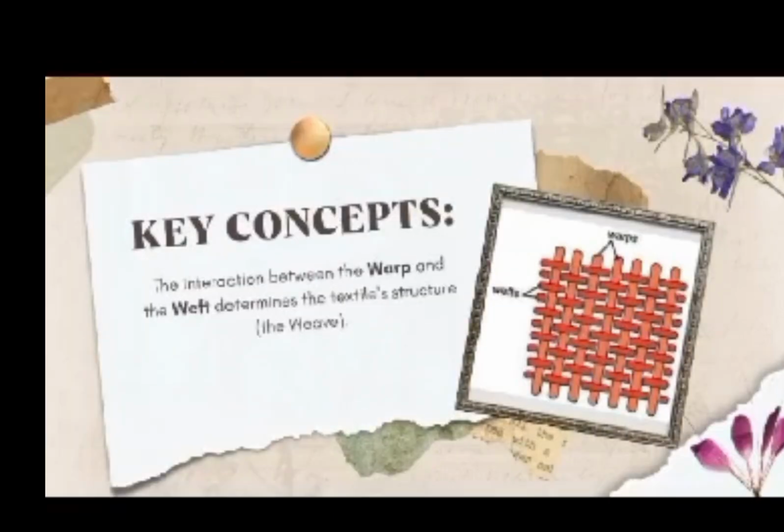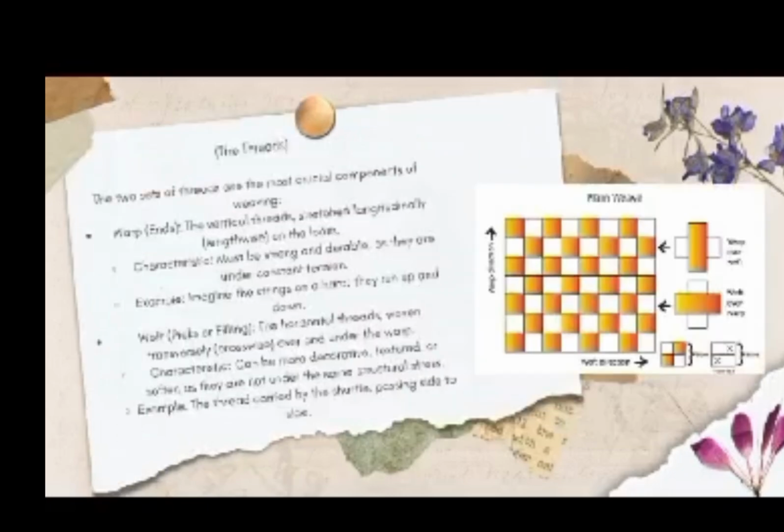So here's the key concept of weaving. The interaction between the warp, the vertical threads, and the woven horizontal threads determines the textile structure known as the weave. So here are the two crucial threads and the characteristics of each.